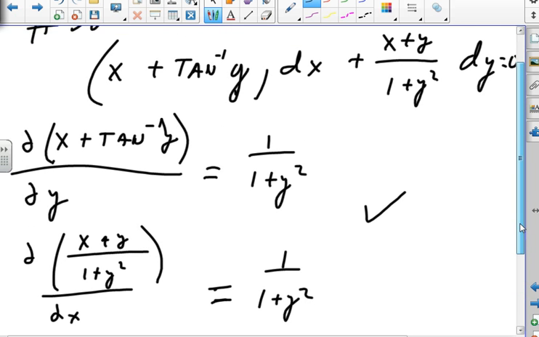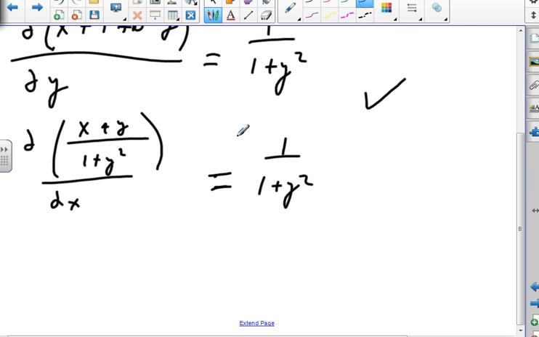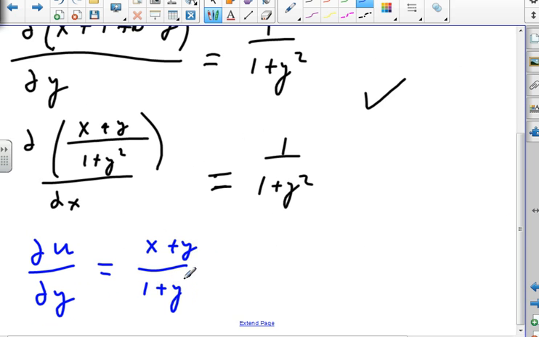Now, do I want to take the integral of the arctangent? Oh, no, I don't particularly want to take the integral of the arctangent. Okay, so what I'm going to do is I'm going to take the partial of u with respect to y is equal to x plus y over 1 plus y squared.